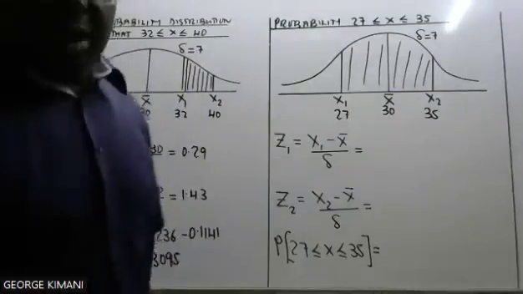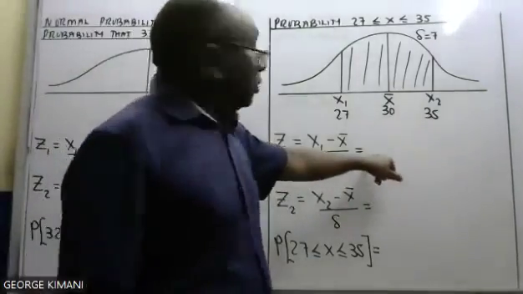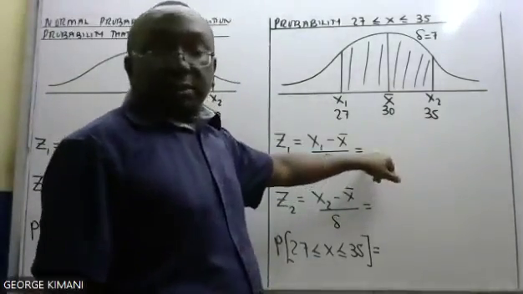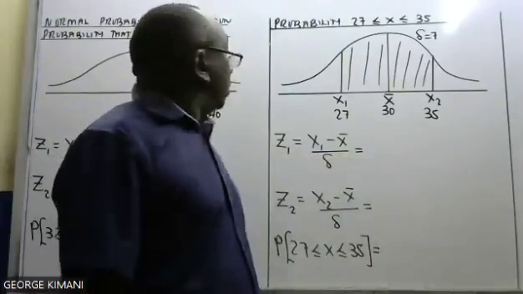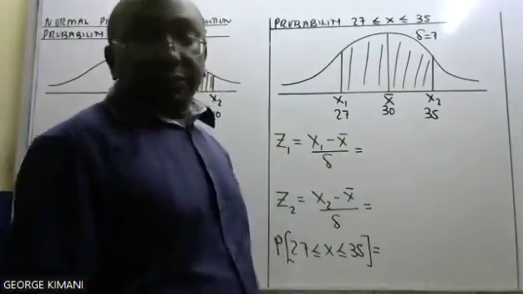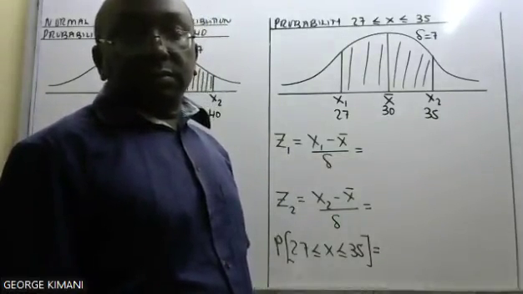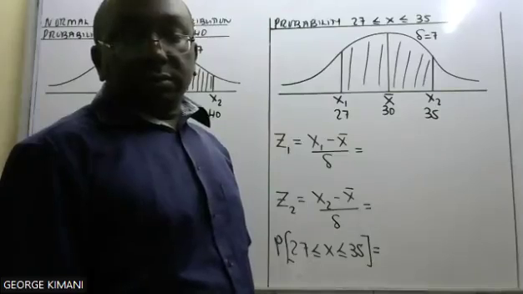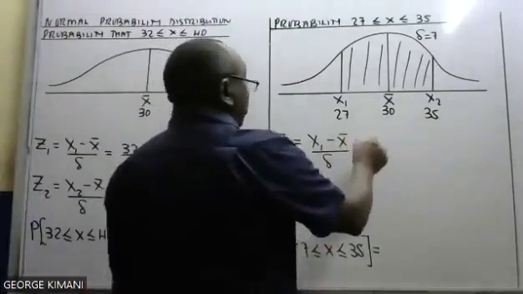Good. I think we are back now. Let me start here. What did you get here? Z1. Z1, what did you get? 0.43. That's from one person.